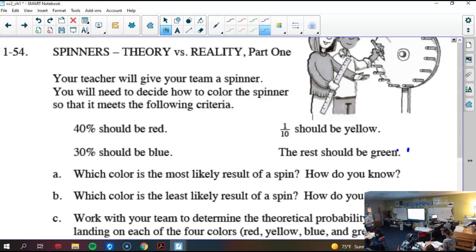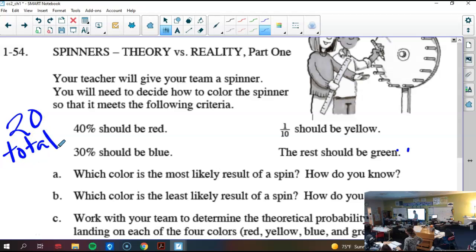All right, class, let's make sure we all got the same things to start. When you look at your spinner, how many slices are there? 20 slices. All right, keep working, just making sure we all realize there are 20 total there.